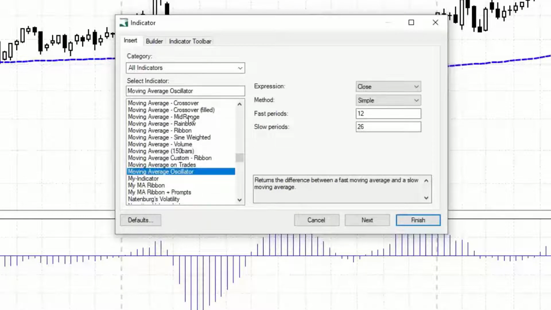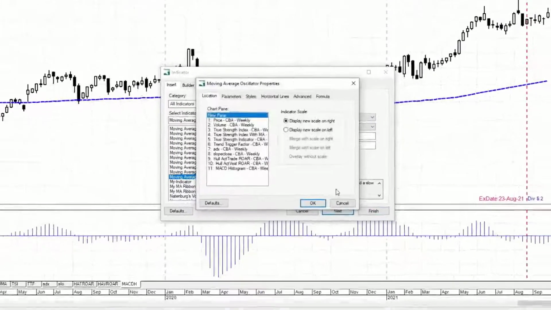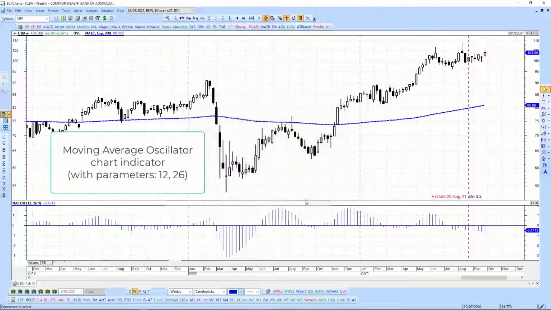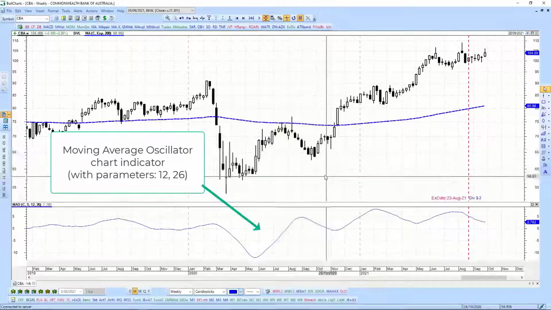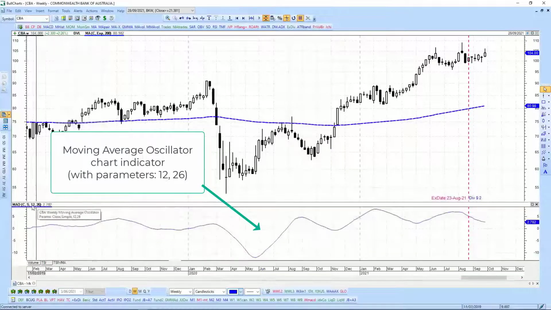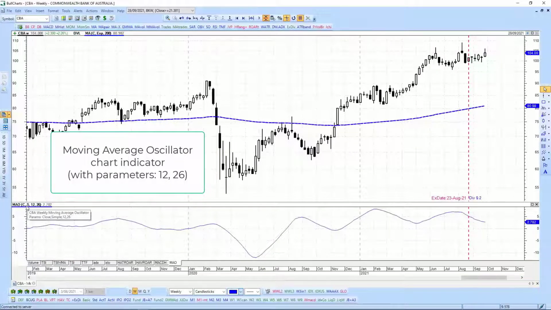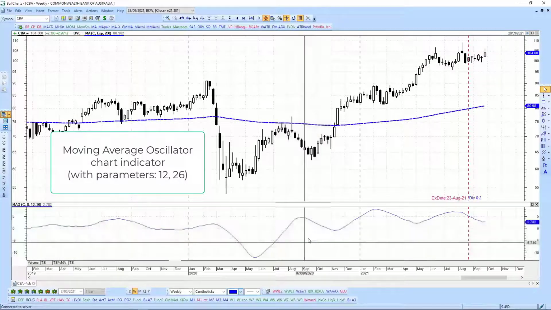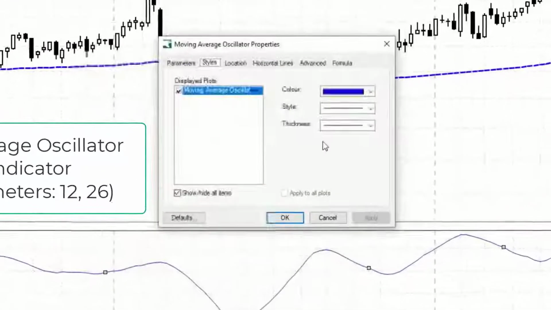Moving average oscillator. Okay, and it's 12, 26. New pane. So that's the moving average oscillator. Got to do it as a histogram. Close, simple. Change that to be histogram.